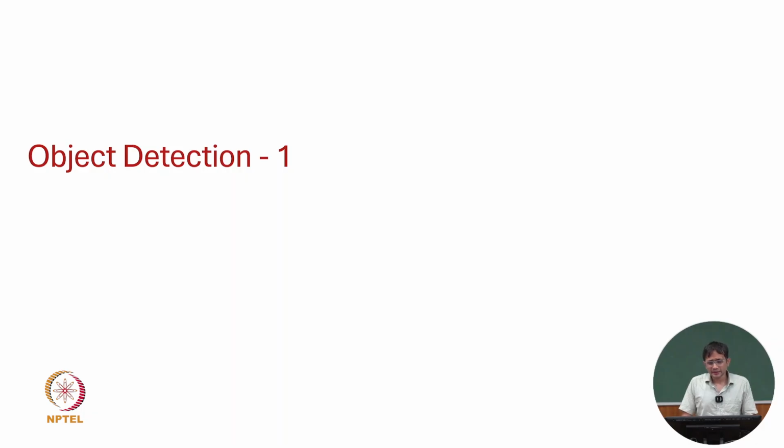Object detection is very important in the context of SAR image analysis. We have already mentioned that ship detection, building detection, such target detection tasks are very popular in the scientific literature.